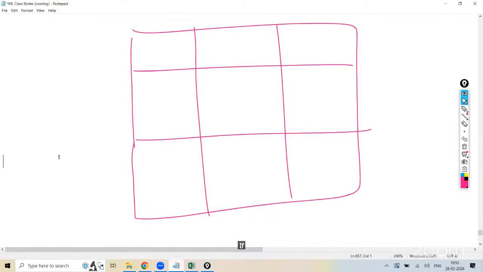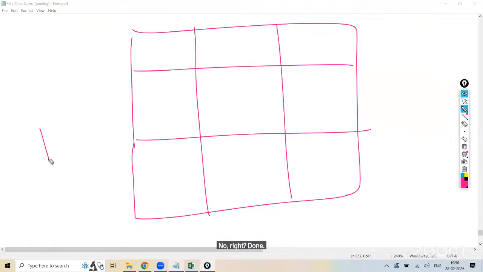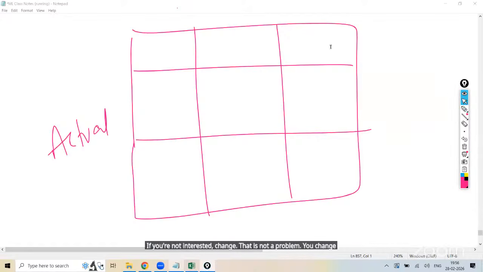If I write the opposite, is there any problem? No, right? Done. I will go with actual on this side, and predicted on this side. If you're not interested, change. That is not a problem. You can absolutely change.